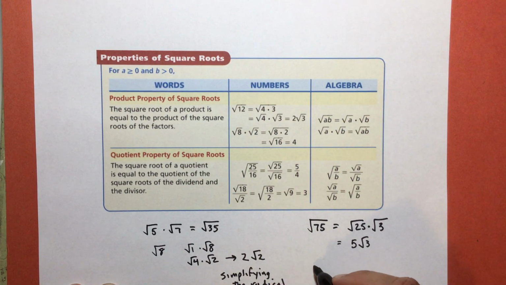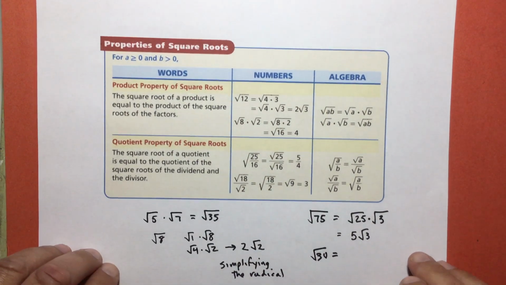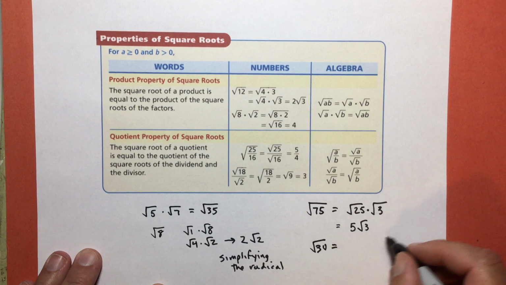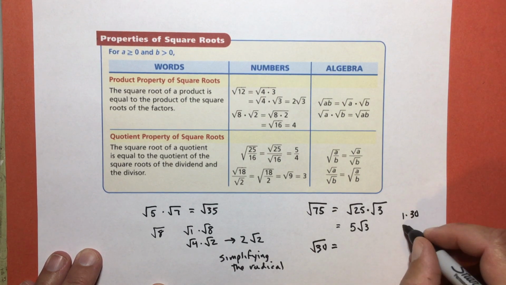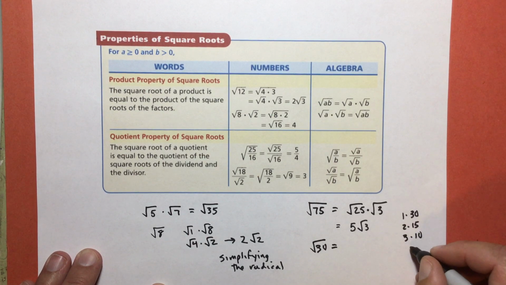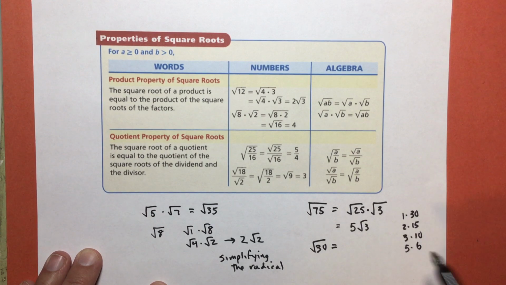Let's try this one. What about the square root of 30? Hopefully you guys can see that. I'll scoot up a little bit. We say, all right, well, 30 is 1 times 30 again. I'm going to write it down. 2 times 15, 3 times 10, and what, 5 times 6? So the square root of 30 would be the square root of 2 times square root of 15, square root of 3 times square root of 10.